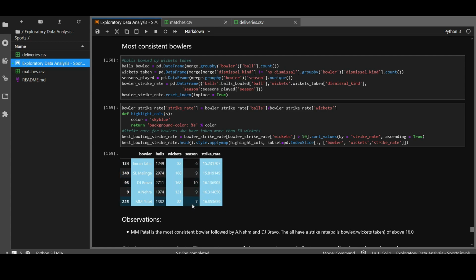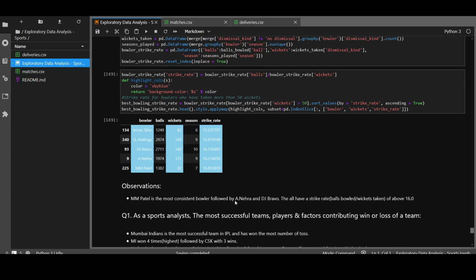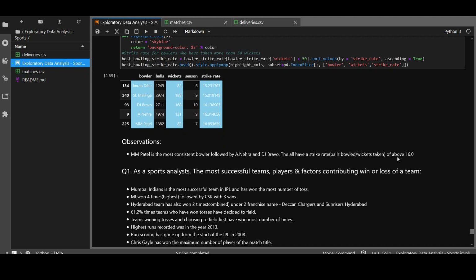The highest strike rate is Patel, then A Nehra, Ashish Nehra, then DJ Bravo. These three got 16 plus strike rate, and Malinga and Imran Tahir have 15 point something, 15.8 and 15.2. They're in the 15s, but these three have the highest strike rates. So this is the observation.